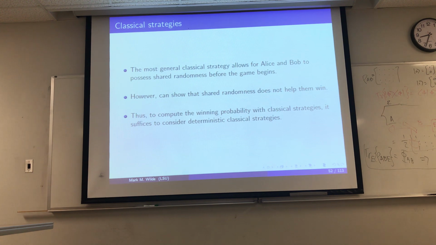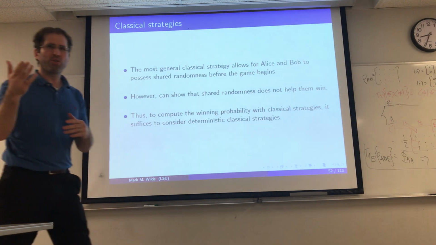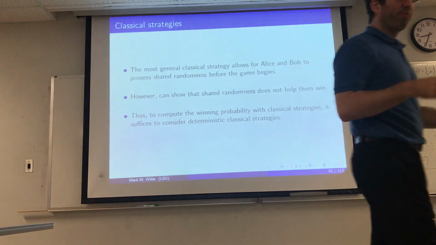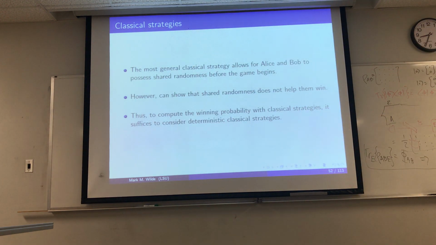Okay, so if you follow the rules, then you can see, and then you do some math, then you can see that even with shared randomness strategies, so what do I mean by shared randomness? That's what Khalil was asking. Beforehand, y'all could have many coins, separate coins, flip them, and then make decisions based on the outcomes of those coin flips, in addition to the coins that you got from me, the referee, right?